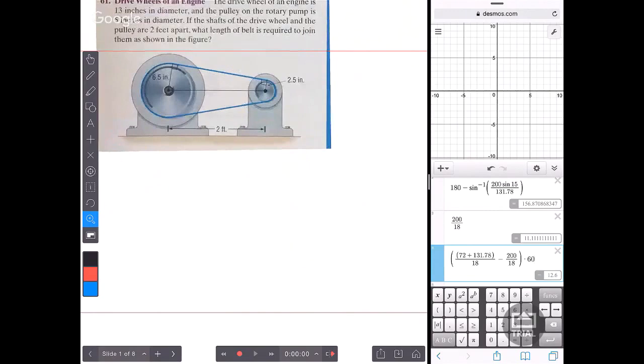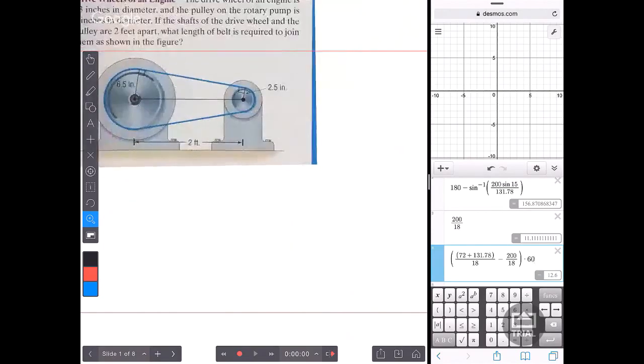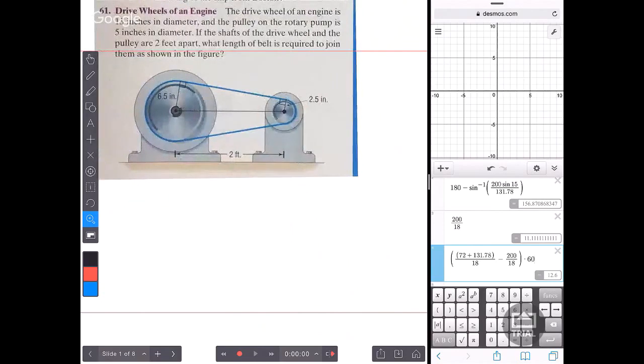Okay, so the drive wheel of an engine is 13 inches in diameter, and the pulley on the rotary pump is 5 inches in diameter. Shafts of the drive wheel and the pulley are 2 feet apart.